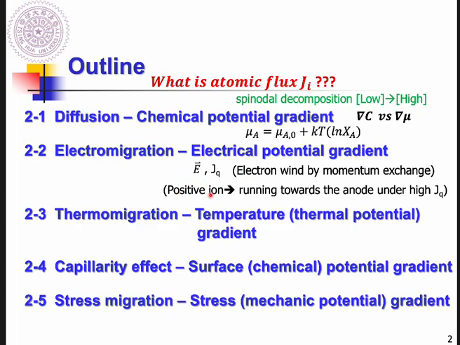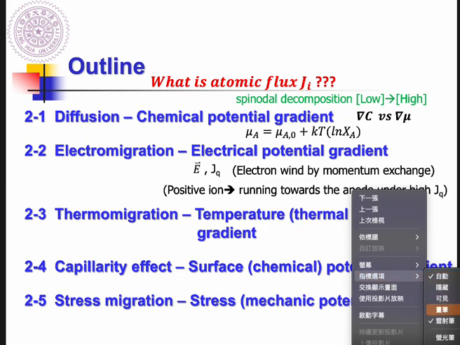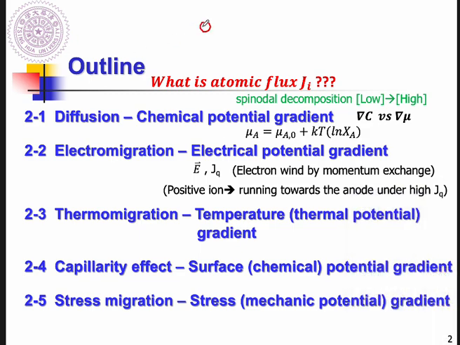Let's explain why they observed the positive metal ion running toward the anode. Let me give you a quick drawing. So this is a positive metal ion. When you connect with a battery, this side is positive and this is negative. In most cases, due to the internal electrical field, you would think that the metal should go this way.